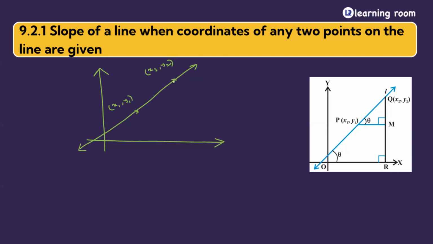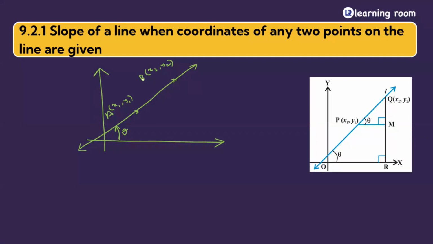Okay, let's say it is passing this way. One misconception that I want to eliminate here is I told that the angle should be made with the x-axis in the anti-clockwise direction, but the x-axis always need not be positive x-axis. It can make the angle with the negative x-axis also, but still the angle should be measured in the anti-clockwise direction. If I take this angle to be theta, okay, if I take this to be A and B, what I need to do is I need to find the slope of this line in terms of what?